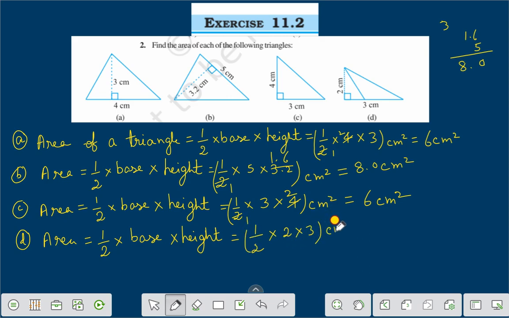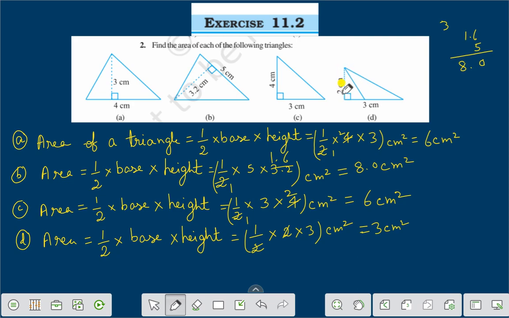Now this 2 and this 2 will cut. That comes to 3 centimeter square. We will find that the area of this triangle.